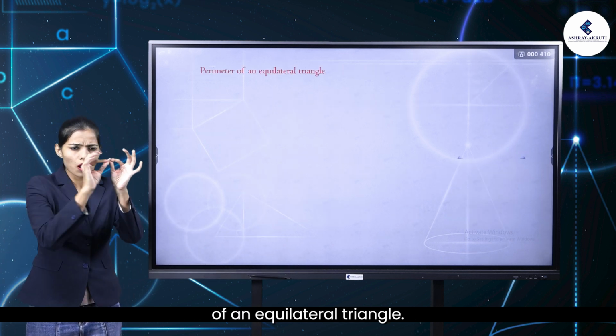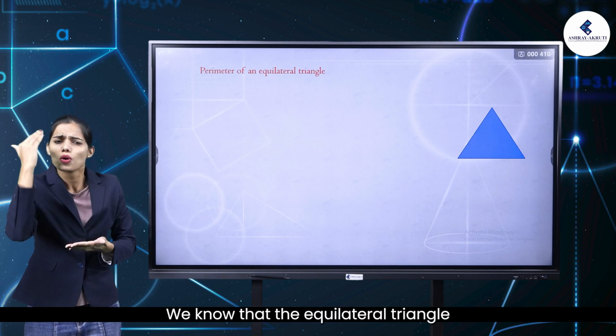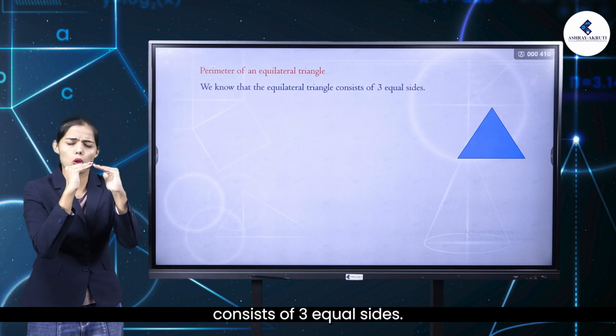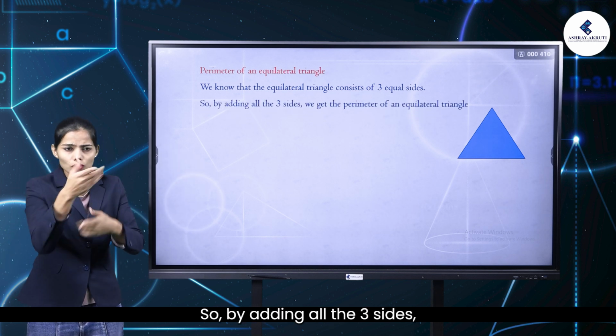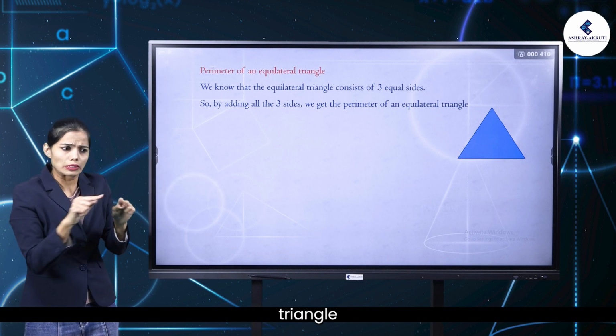Perimeter of an equilateral triangle. We know that an equilateral triangle consists of 3 equal sides. So, by adding all the 3 sides, we get the perimeter of an equilateral triangle.